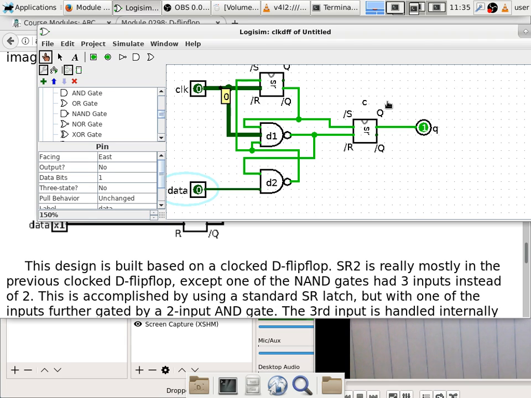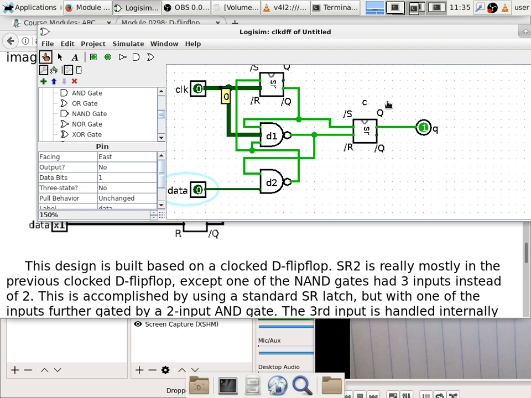What about the D1? When clock changes from 0 to 1, what's going to happen to D1? D1 currently outputs a 1 only because clock is a 0. So the moment clock goes to a 1, then we have all three inputs of the NAND 3 gate being 1s. What happens when all inputs of a NAND gate are 1s?